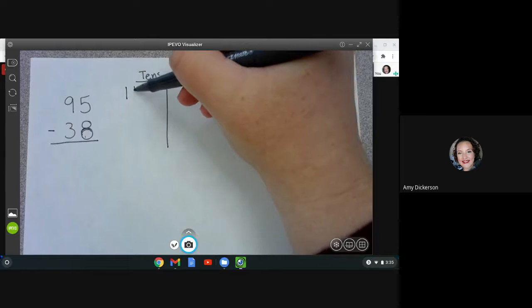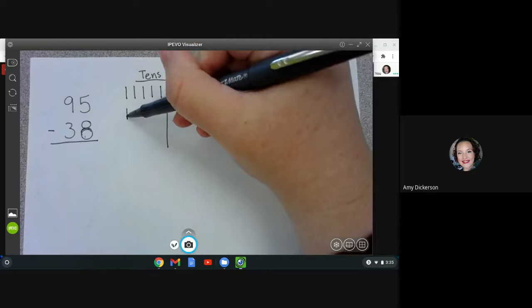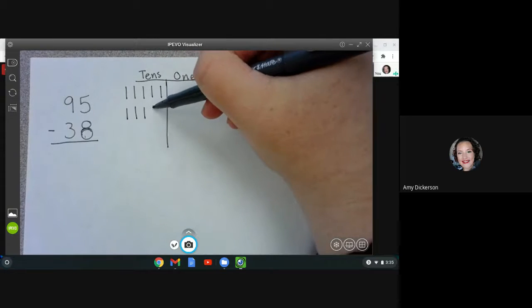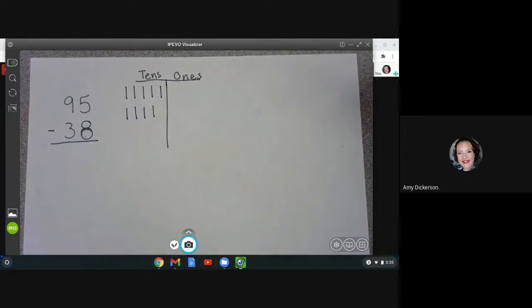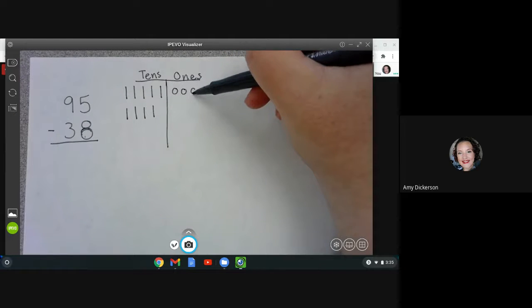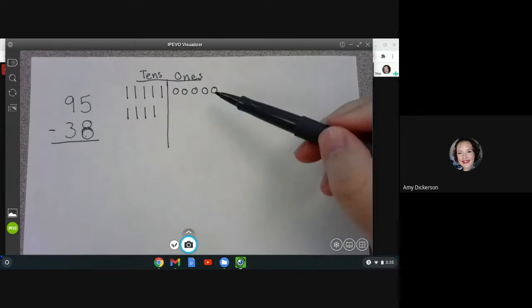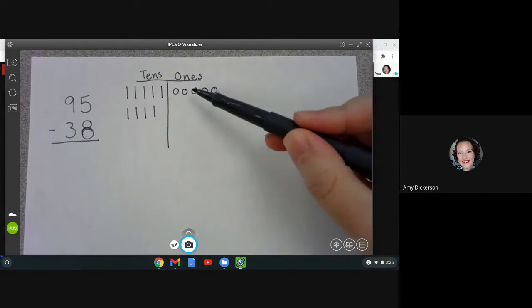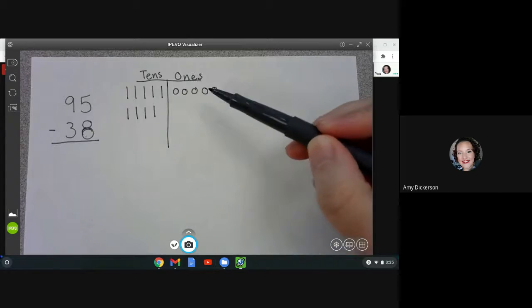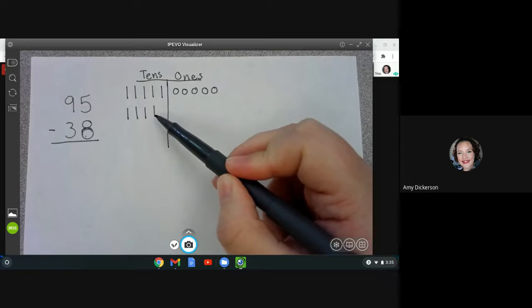So 1, 2, 3, 4, 5, 6, 7, 8, 9. There's my 9 10s, and now I'm going to draw 5 1s. All right, like I said before, if I only have 5, I can't take 8 away. So I'm going to borrow a 10.